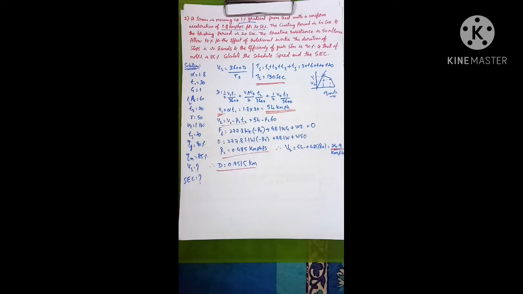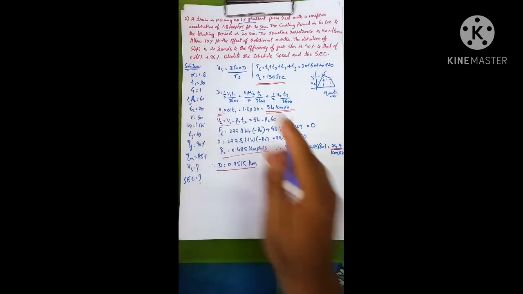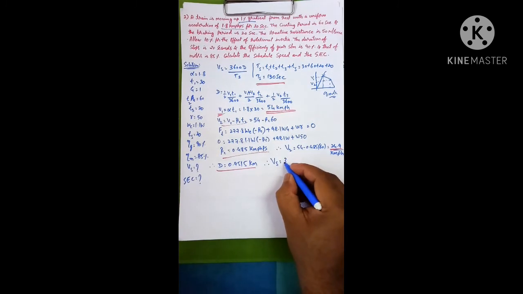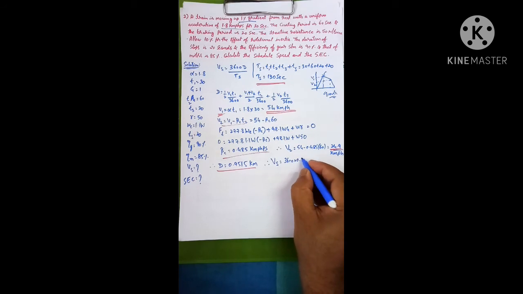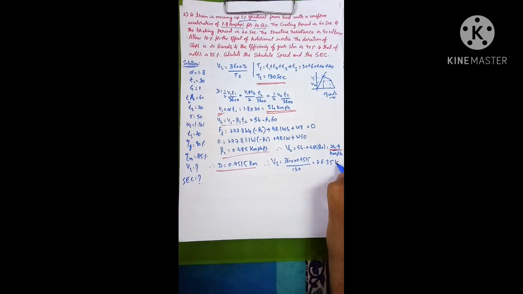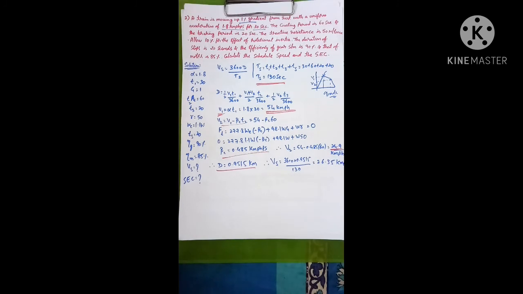That is the answer for D. Once after getting D, you can substitute it here and get Vs. Therefore the scheduled speed can be given as 3600 into 0.9515 by Ts, that is 130. The answer will be 26.35 km/h. So I hope this is clear for you.